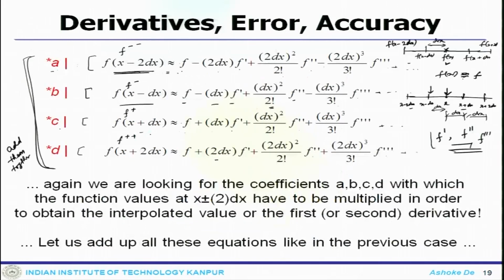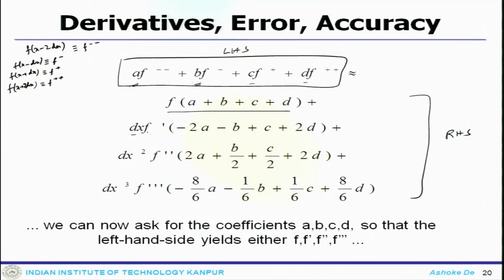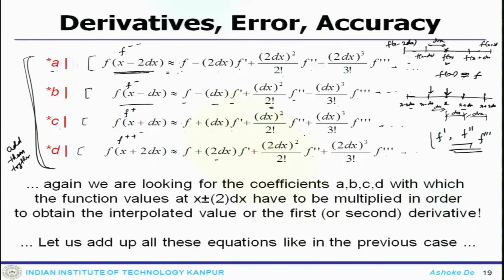Now you collect all the terms corresponding to f prime. The first equation is multiplied with a, so minus 2dx, the second is b times minus dx, the third is c times plus dx, the last one is d times 2dx. So you collect dx f prime outside: minus 2a minus b plus c plus 2d. Now similarly, you look at the third term, the second derivative. That has 2dx squared by factorial 2, and all of them are multiplied with a, b, c, d.